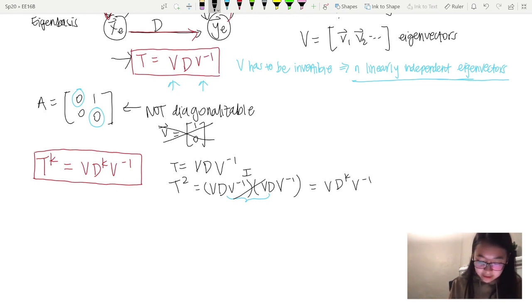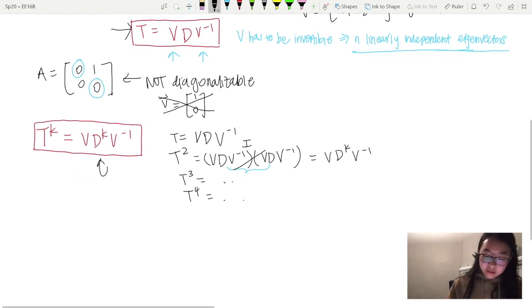And you can continue writing this for T cubed, T to the 4th, and so on, and you'll eventually get to this equation. So this is the main reason why having a diagonalized matrix really helps with calculations.